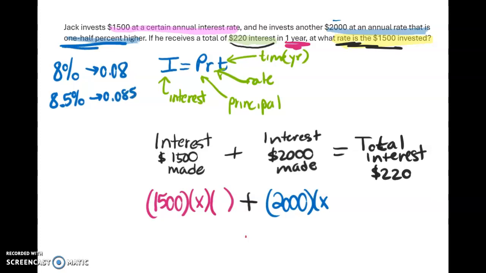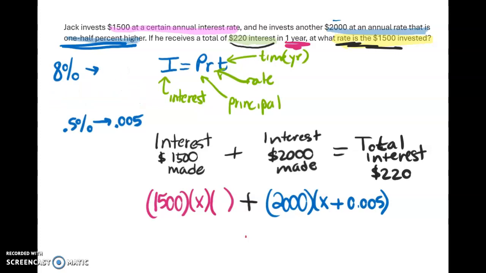So when it says 1/2% higher, when I take X, I have to add 0.005 to it because it's 0.5% higher, which in decimal form means you move the decimal 2 places to the left and drop the percent sign. So that's how you would write 0.5% in decimal form. So that's how we have to write it here. And then set it equal to 220.